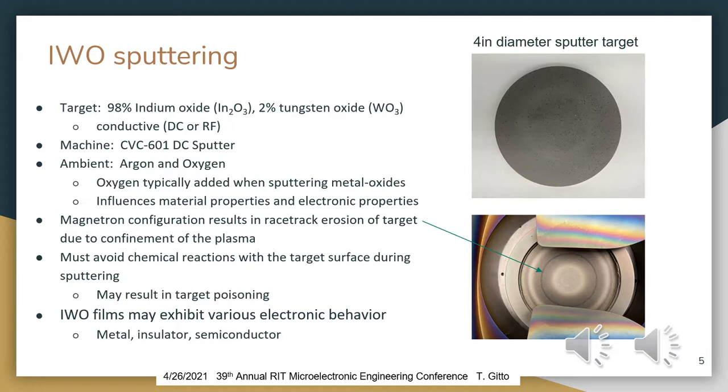The main thing to look out for is avoiding target surface contamination, and we investigate and figure out why exactly the erosion happens. What ends up happening exactly is there's different electronic behavior that comes with the target being poisoned, and we'll elaborate on that in later slides.